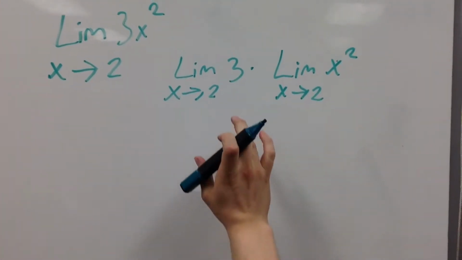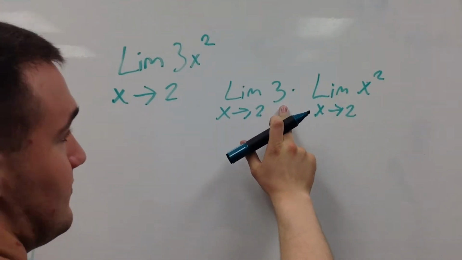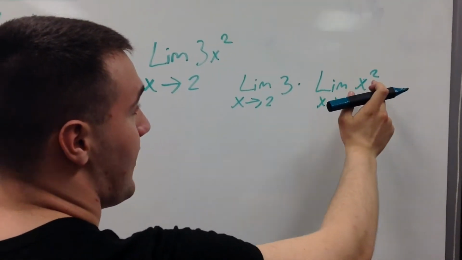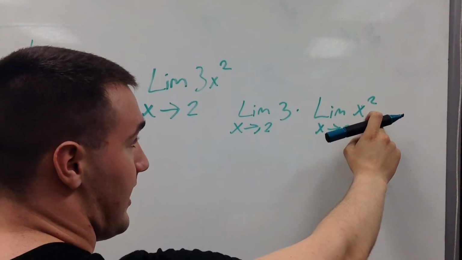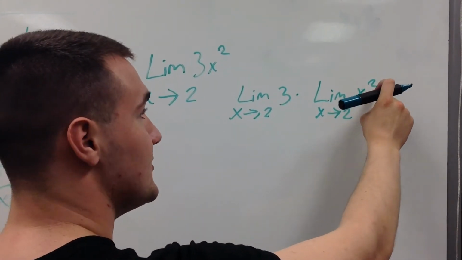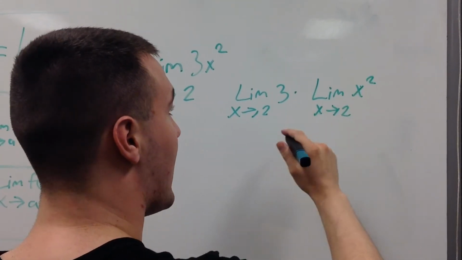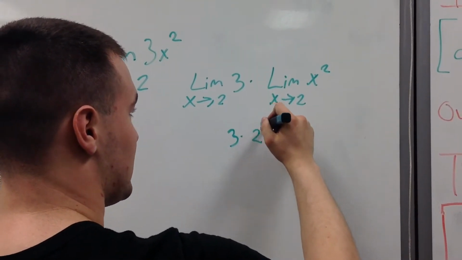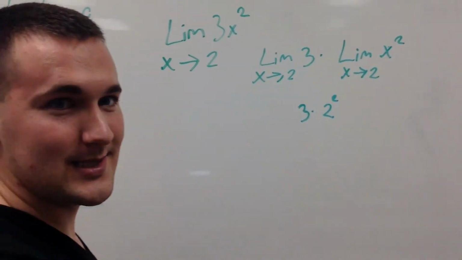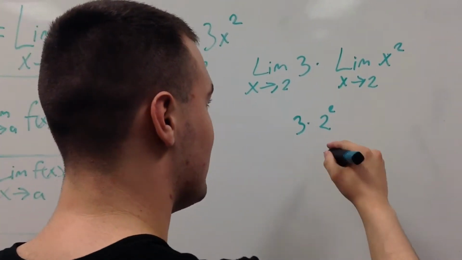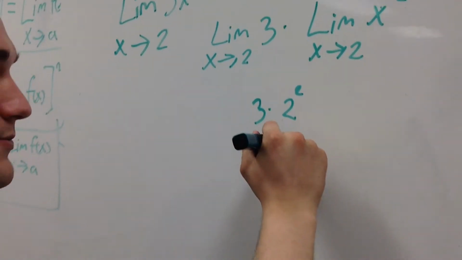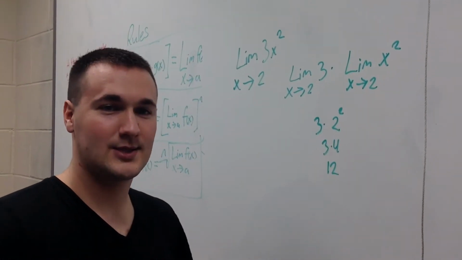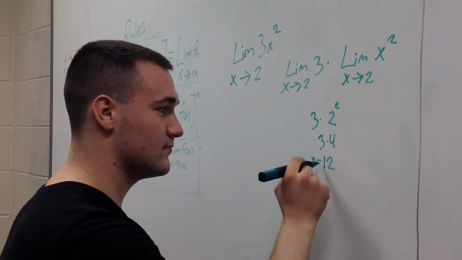Now, we see here this does not have an x, I apologize, so this does not have any great meaning. This, however, does have an x, so we can plug in that 2 to that x squared. So now what we're actually going to have is just 3 times 2 squared. Pretty basic and pretty simple, right? So 2 squared is 4, 3 times 4 is just 12. And that's what your limit is equal to.